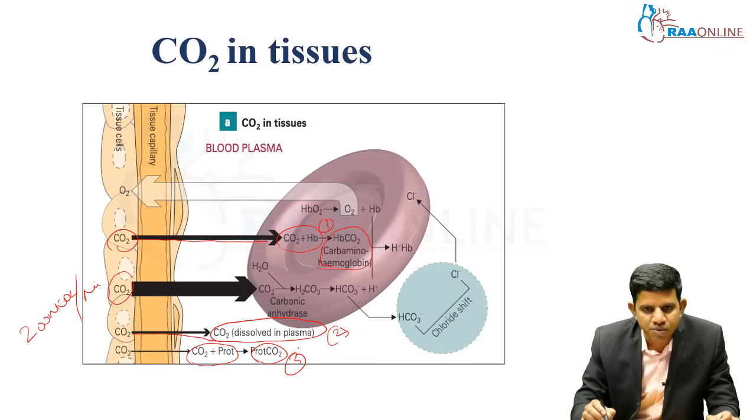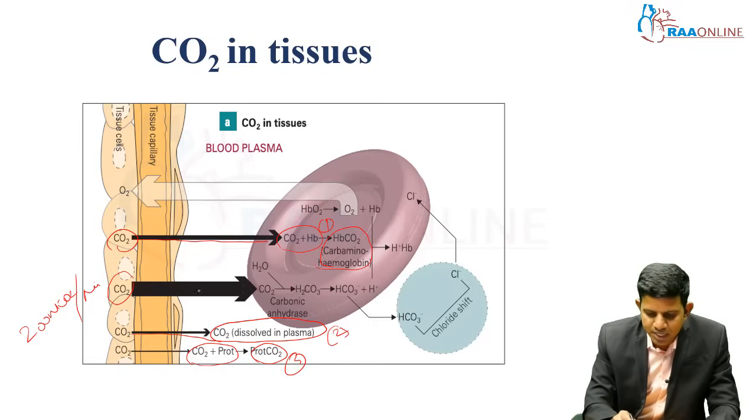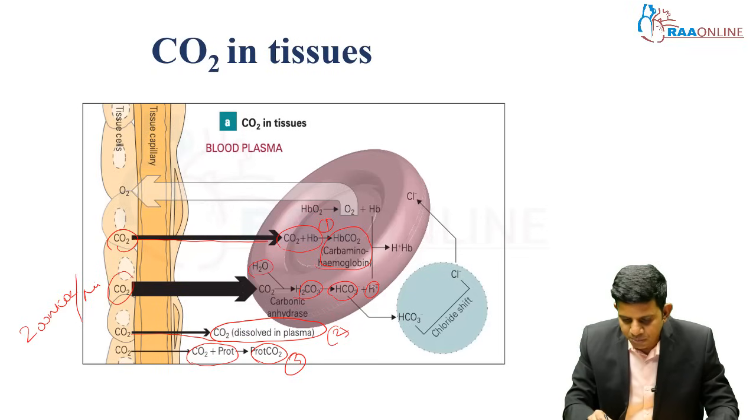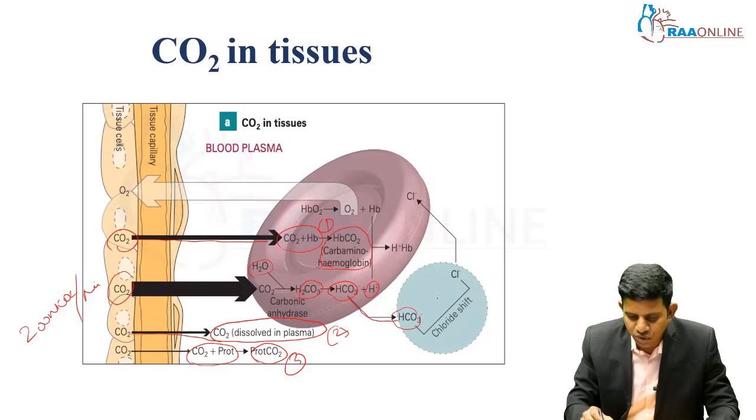The predominant one is that carbon dioxide reacts with water and produces carbonic acid. This carbonic acid dissociates and produces bicarbonate and H plus. The H plus will bind with the hemoglobin, and the bicarbonate will be expelled to the plasma to maintain electroneutrality.